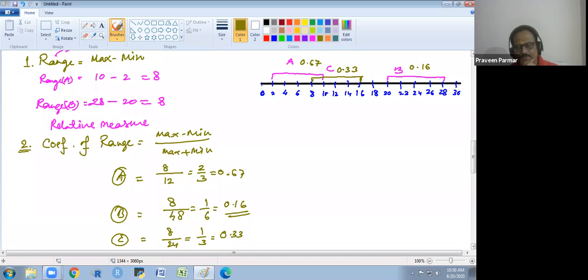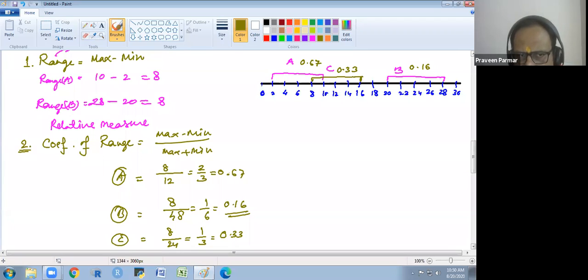Correct, very correct. If the coefficient is low, then the data came from the higher values. If the coefficient is higher, it shows that the data consists of lower values. Understand?